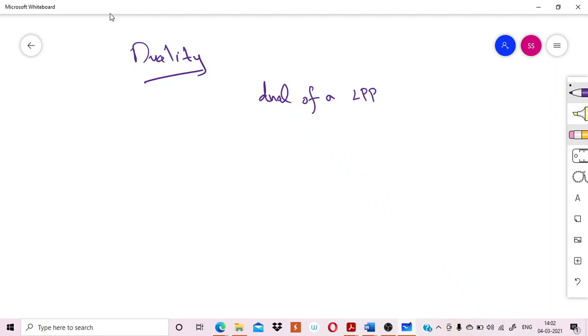And the original LPP is called the primal problem. Primal problem and dual. Now let the primal problem be in the canonical form.